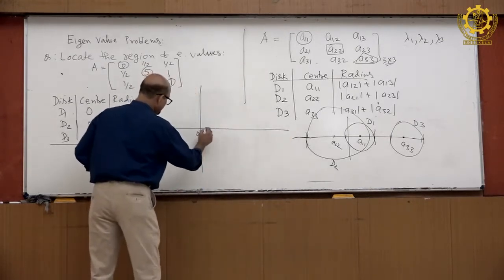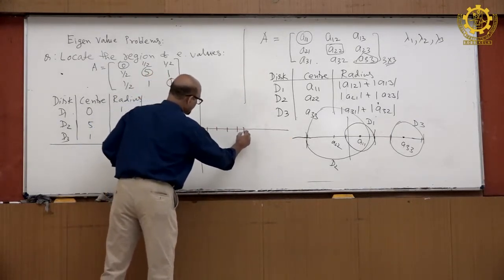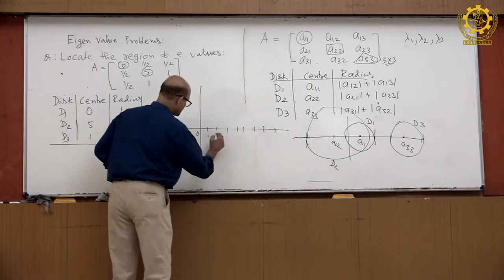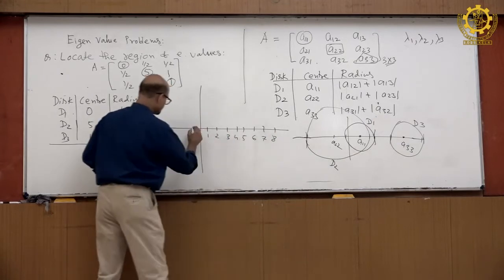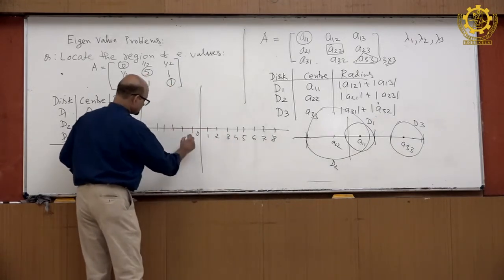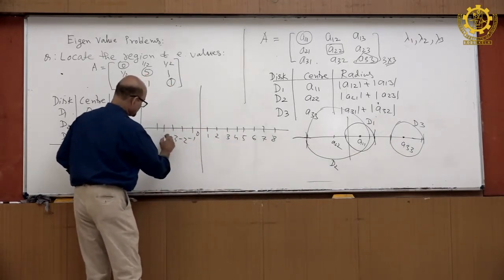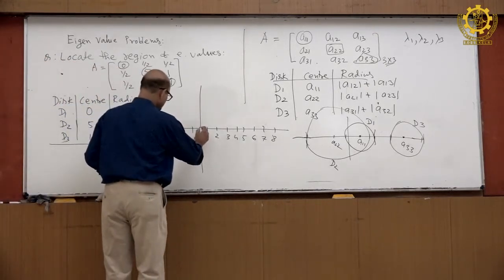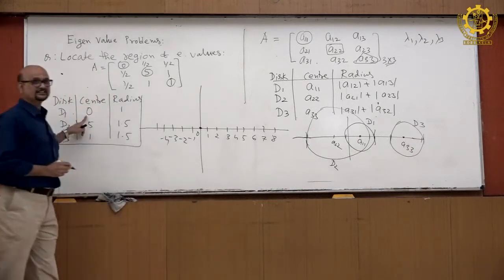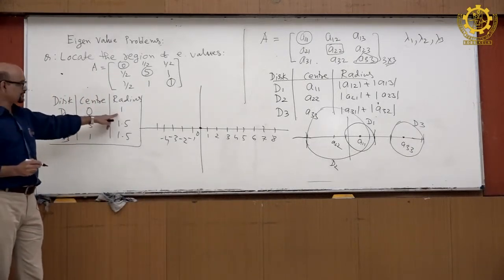So, if I have 0, 1, 2, 3, 4, 5, 6, 7, 8, this side -1, -2, -3, etc. Now, I have the first center as 0, radius is 1.